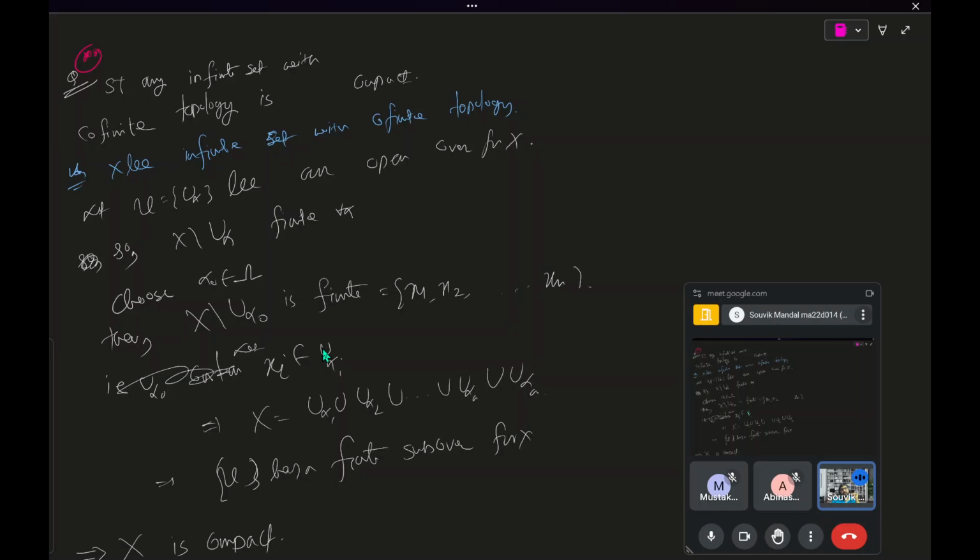Then we choose an alpha naught from the index set. X minus U alpha naught is finite, so let it be x1, x2, ..., xn, and let xi belong to U alpha i. This implies X equals U alpha naught union U alpha 1 union ... union U alpha n, because this contains all the xi and the rest of the portion is inside U alpha naught. So U has a finite subcover for X. So this is the argument. You understand?